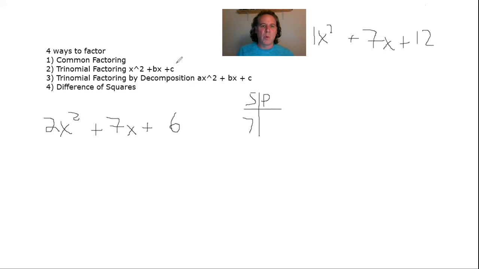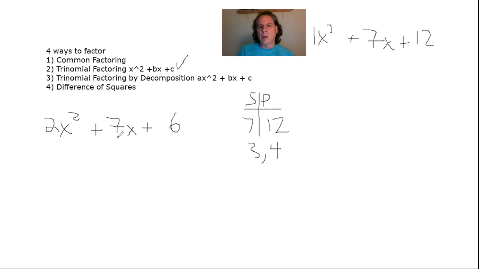But I don't do that when it's in that form. I know it's just the last number because the first number is 1. But the truth is, in every case, we multiply the coefficient of the x squared times the constant term, and that gives us our product. So in this case, again, it's 12, which means our numbers are 3 and 4.